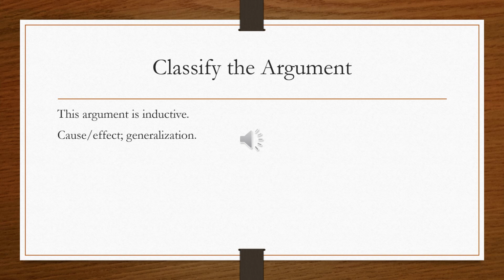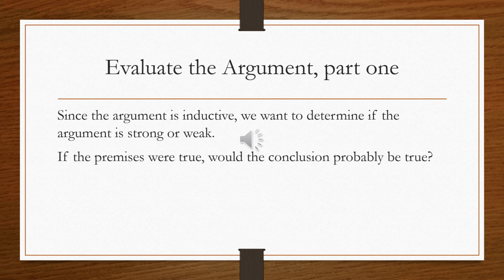Therefore, when it comes down to evaluation, the question is going to be, is this argument strong or weak? Remember, we're analyzing the argument, not the conclusion of the argument. So now we know we're trying to determine, is this argument strong or weak? How do we do this? Well, we don't worry about the conclusion.